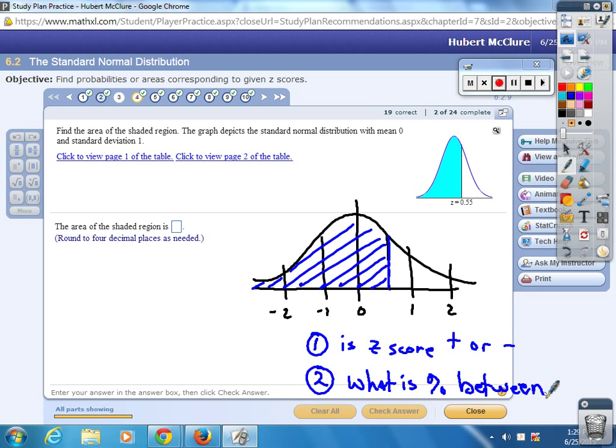The reason I tell students to ask these two questions is because you would be surprised how many people look up -0.55 and then write down that number, which is going to be less than half, and then put that as the answer, when they're looking at a picture that shows, one, what is the z-score? It's positive. This side here is what? It's positive. All right? So that way, you don't look at the negative z-score table.